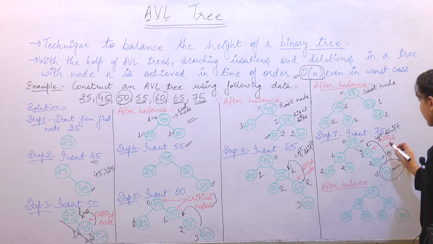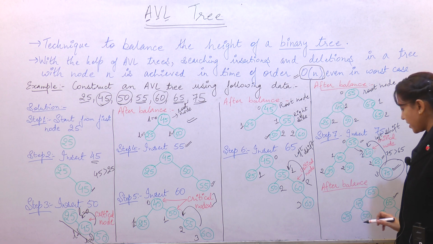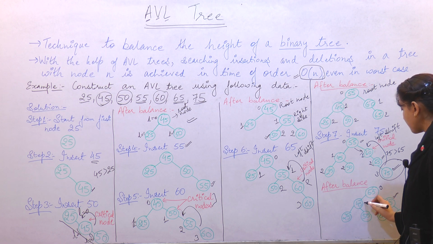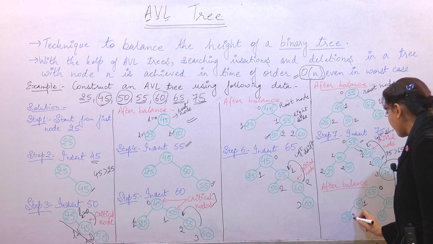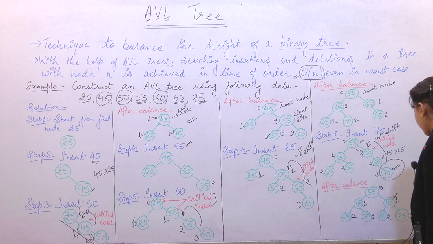So after left shifting the critical node 60, we will get a tree in which 65 will become our node and 60 will become its left child and 75 will become its right child. Now checking the levels, 55 is at level 0, 45 at level 1 and 65 at level 1, 25 at 2, 50 at 2, 60 at level 2 and 75 at level 2.